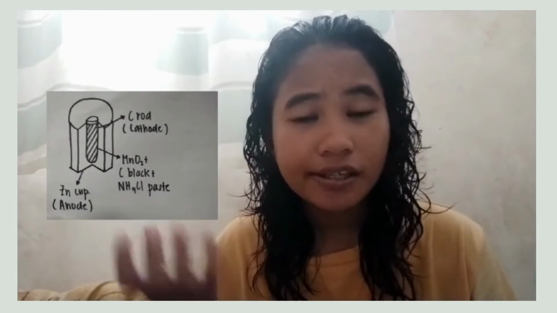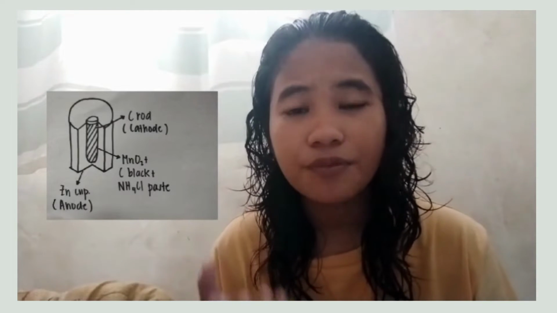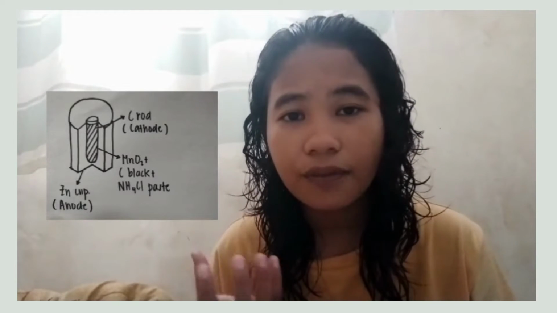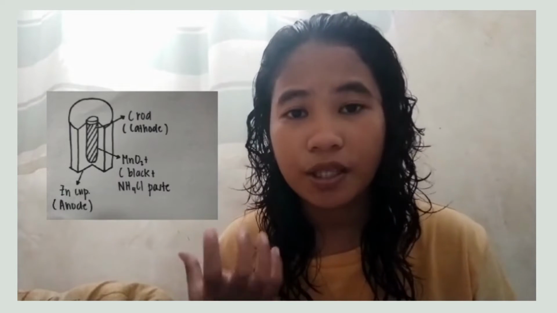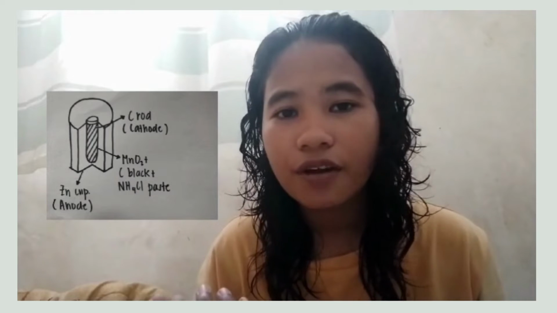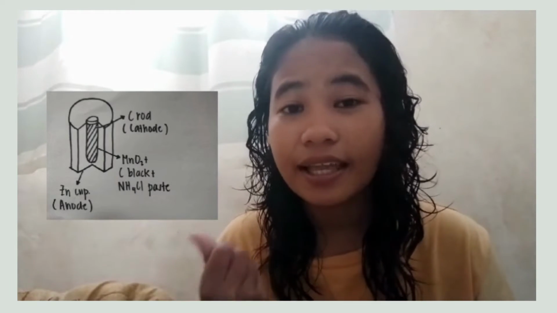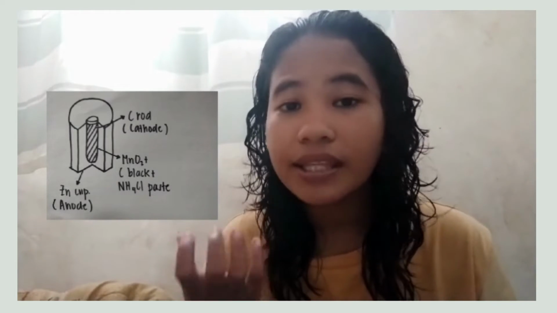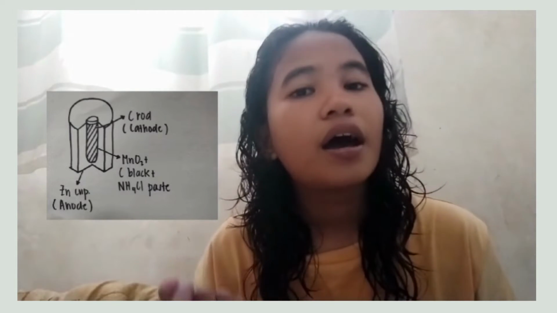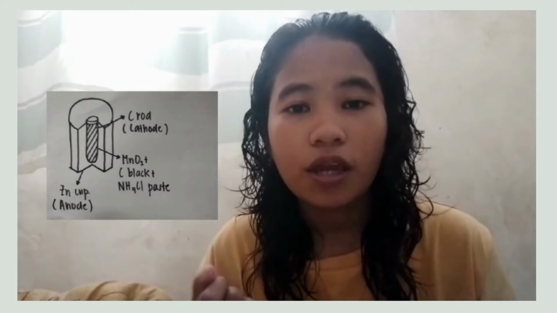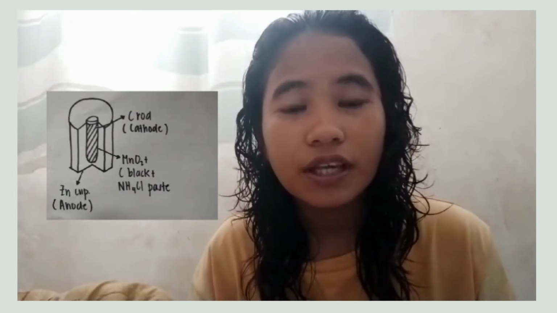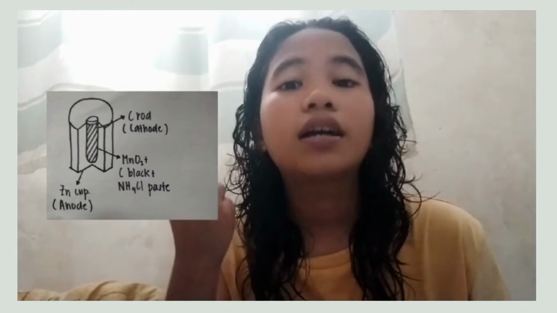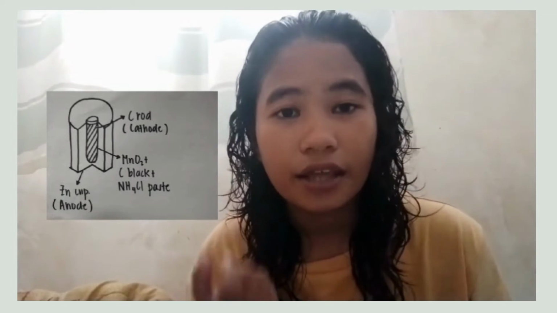But the oxidation and reduction are still the same, yet the anode is the negative electrode and the cathode is the positive electrode of a battery. So the signs are different in electrochemical and electrolytic cells, but cathode and anode are still defined the same way. So the entire container is the anode, and the carbon rod in the middle is also called the cathode.